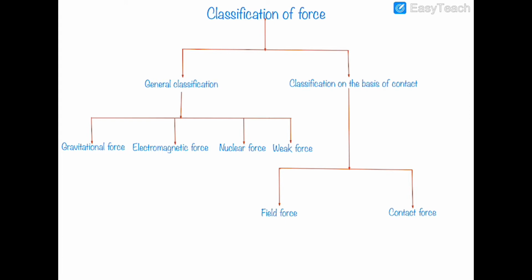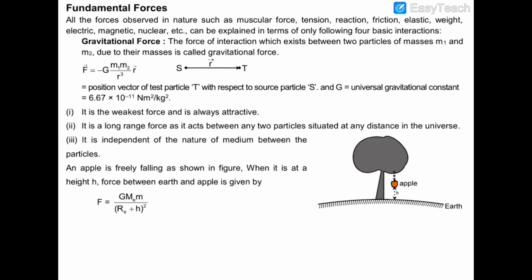The first is gravitational force, the second is electromagnetic force, the third is nuclear force, and the fourth is weak force. On the basis of contact, there are two types of forces: one is field force and the other is contact force. I'll illustrate all these forces in further pages.